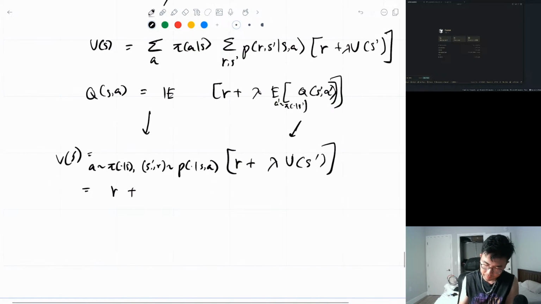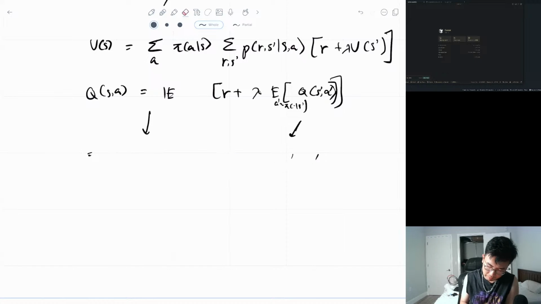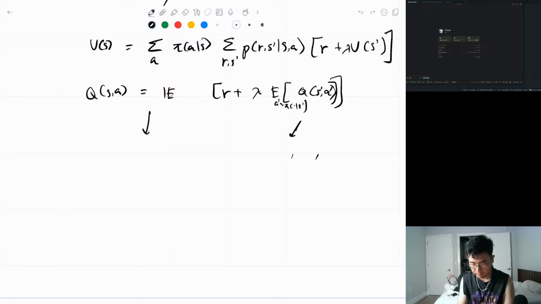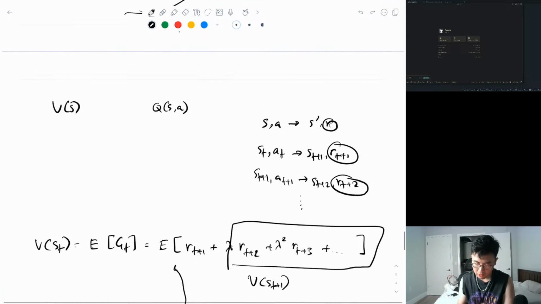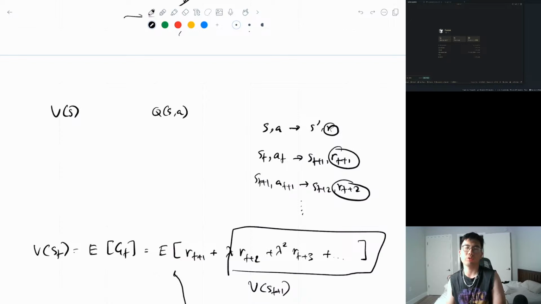Okay, so we understand the concept of value functions. All of this is just terminology. A value function captures how good a particular state, and optionally a particular action if we're talking about the Q function, is.